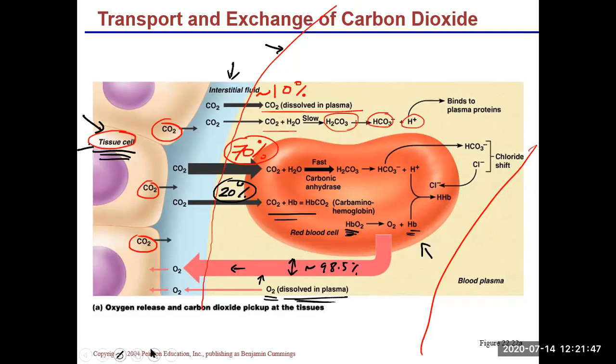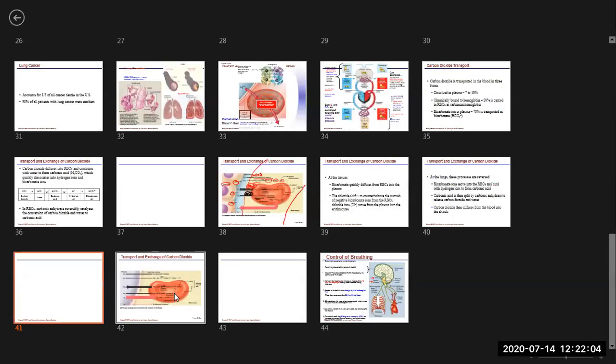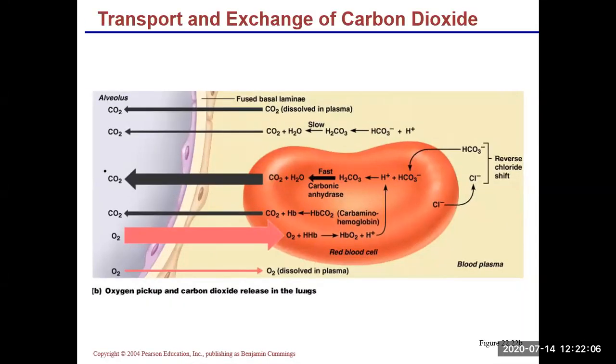So let's take a look at the next slide, maybe this will be able to show us. Let me see. Okay, there it is. So now you could see it's from the alveoli or alveolus.